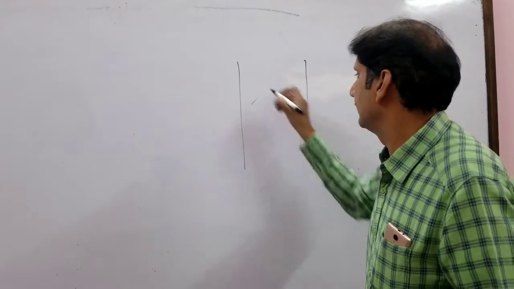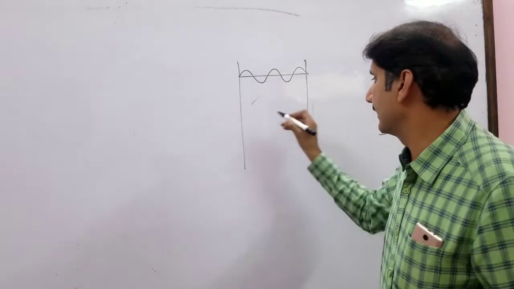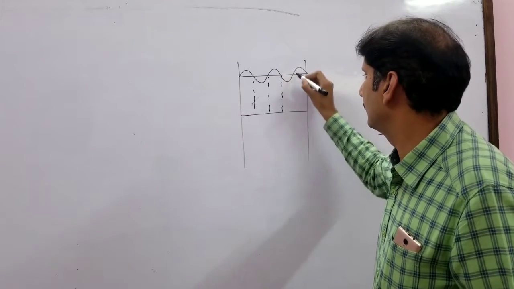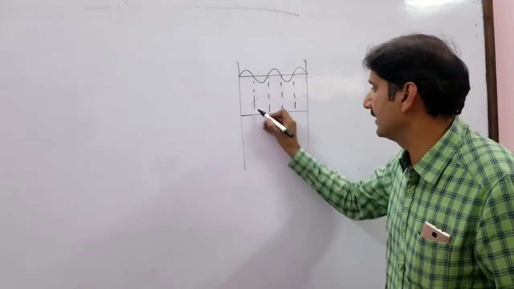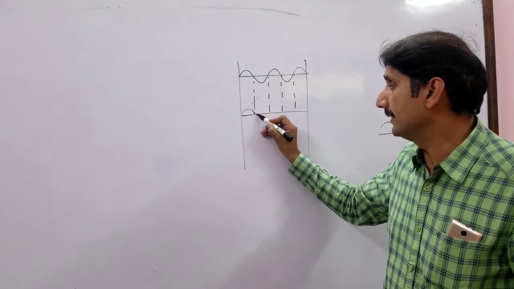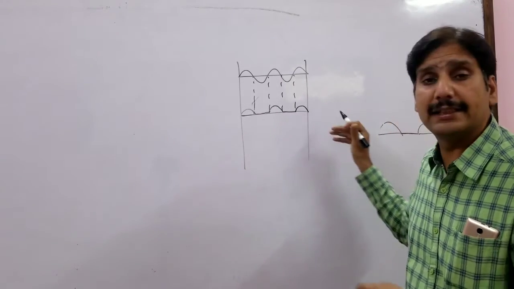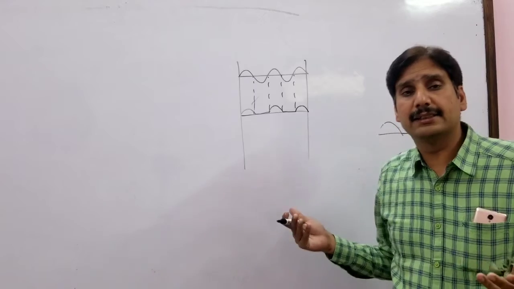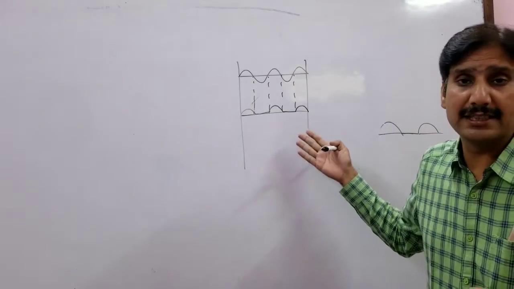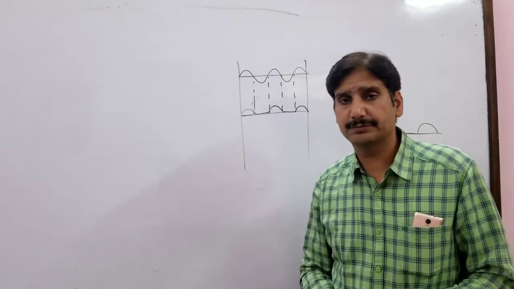Let's say this is the input AC signal, and I can draw these lines to indicate various time intervals. This was the time when the diode was forward biased, and this was the time when the diode was reverse biased, forward biased, reverse biased, forward biased, and that goes on. The name half wave rectifier is very understandable from this diagram. This is the waveform of a half wave rectifier.